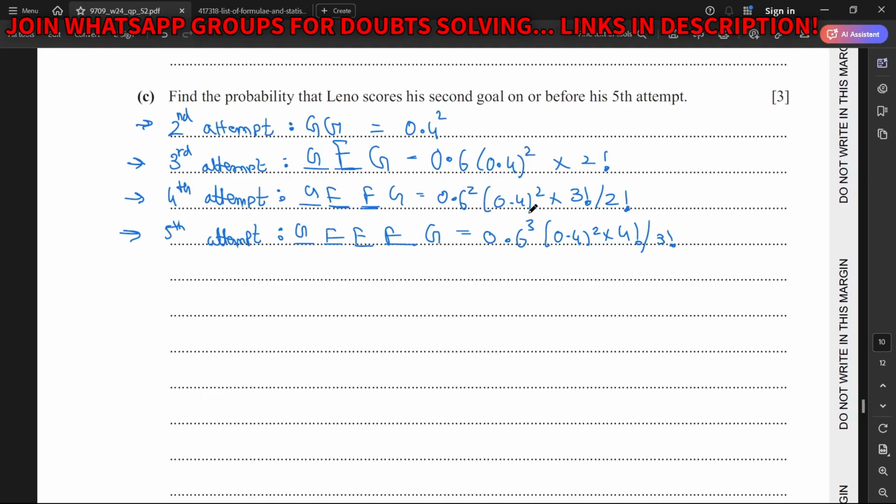So based on this, I can go ahead and simply add these things to get the final value of the probability.